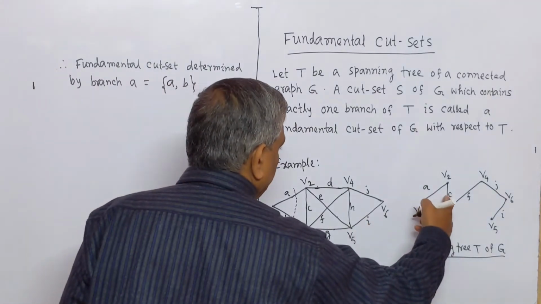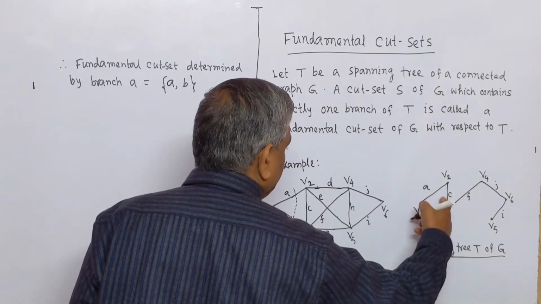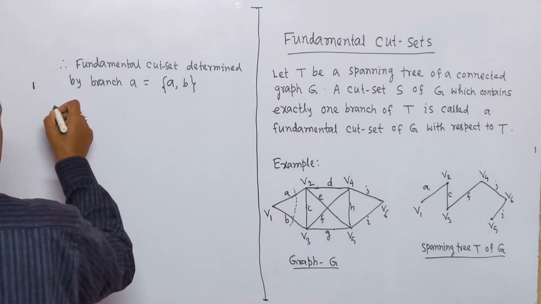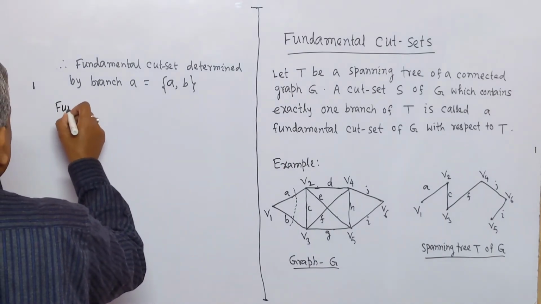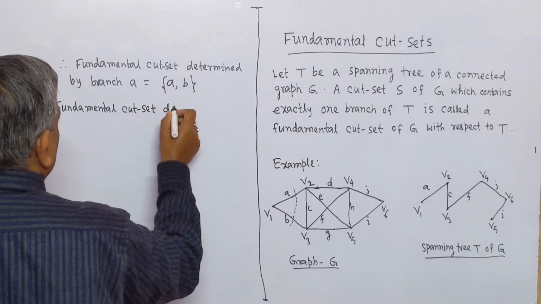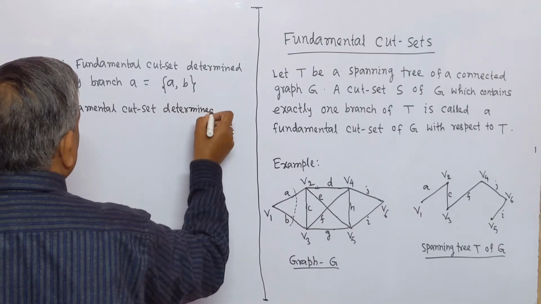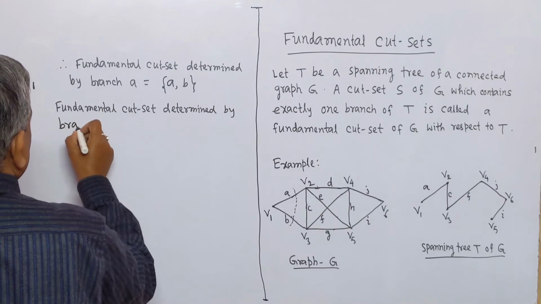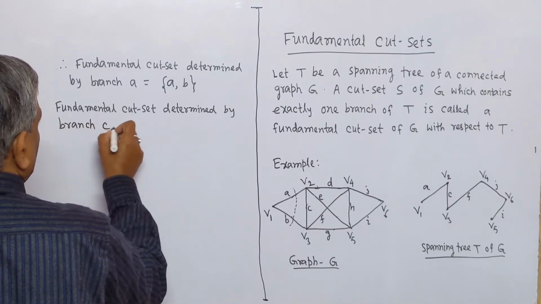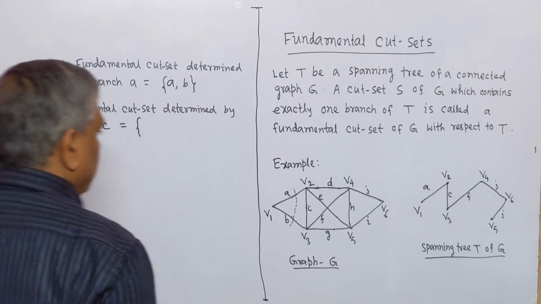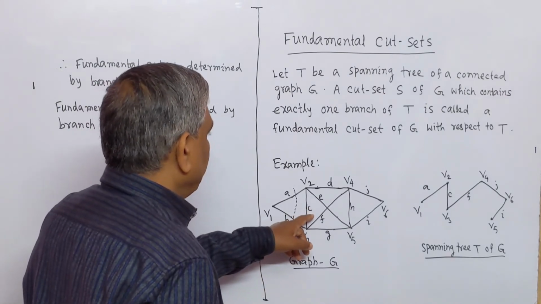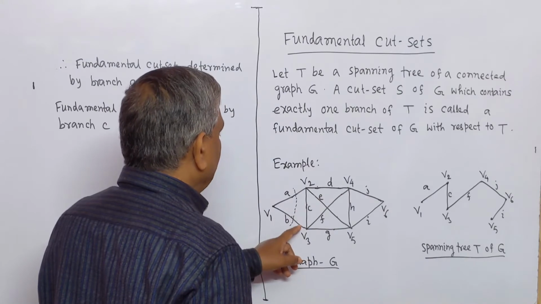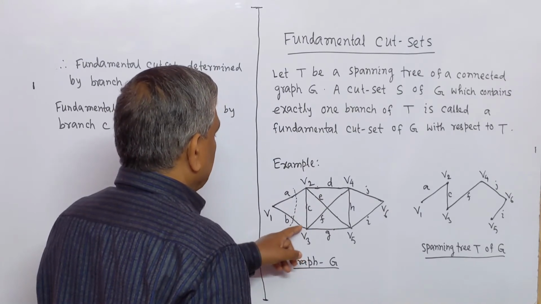Now C is a branch of the spanning tree T. So the fundamental cut set determined by branch C. Here C is the branch and D, E, B are not branches.